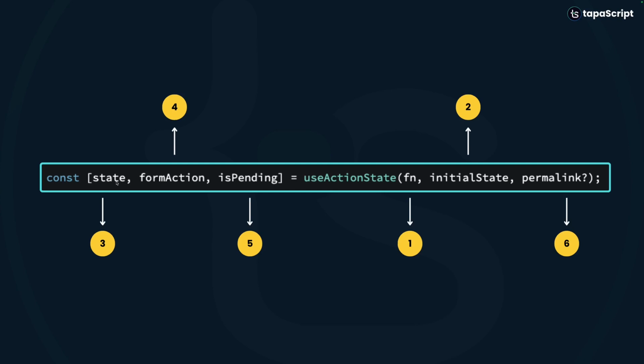Whatever your action or the server function returns, once the form gets submitted, that value will be populated inside this state. So this is really cool stuff, because every time this action gets executed, it is not only going to remember the old state value, but it will also return a new, current state value, which you can find inside this state.